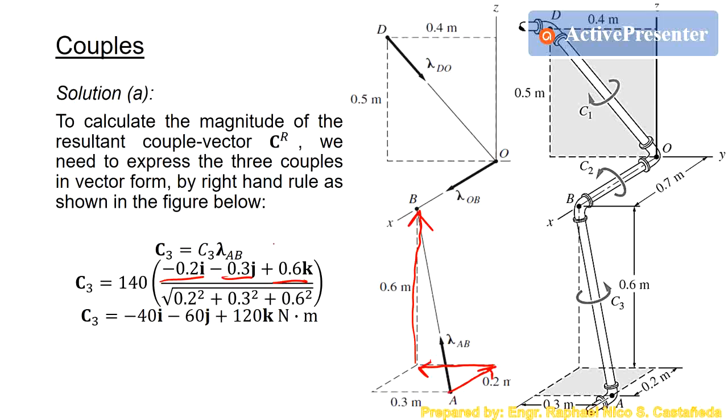So this is RAB, this one right here. Then we divide by its magnitude, then we will get its vector form.